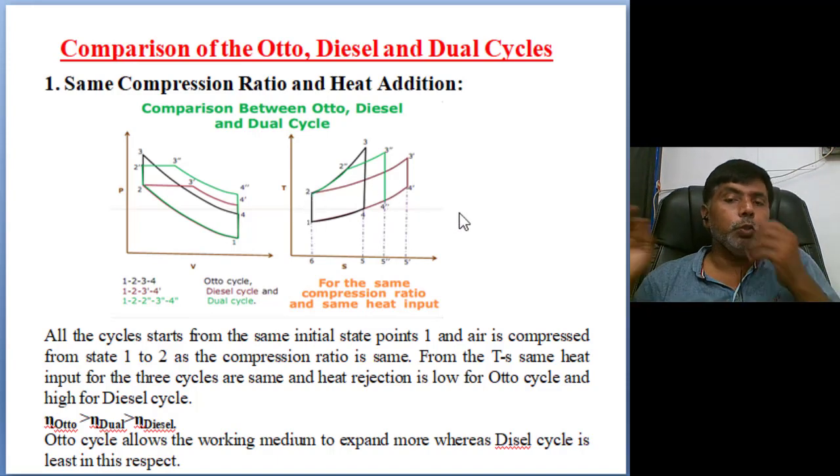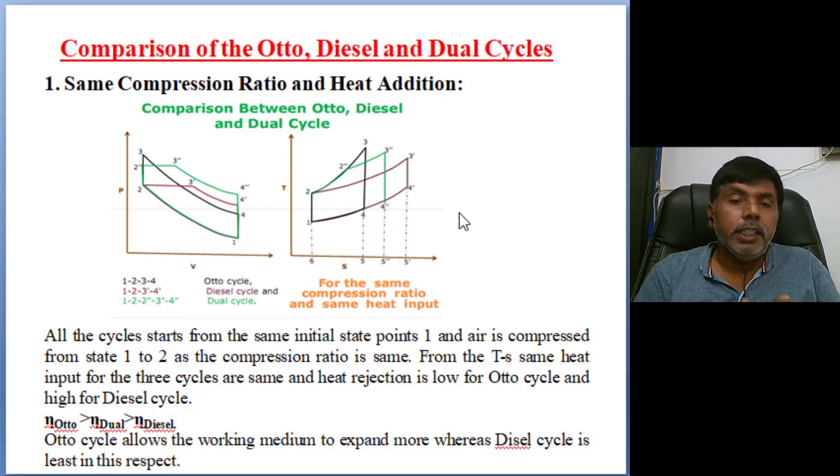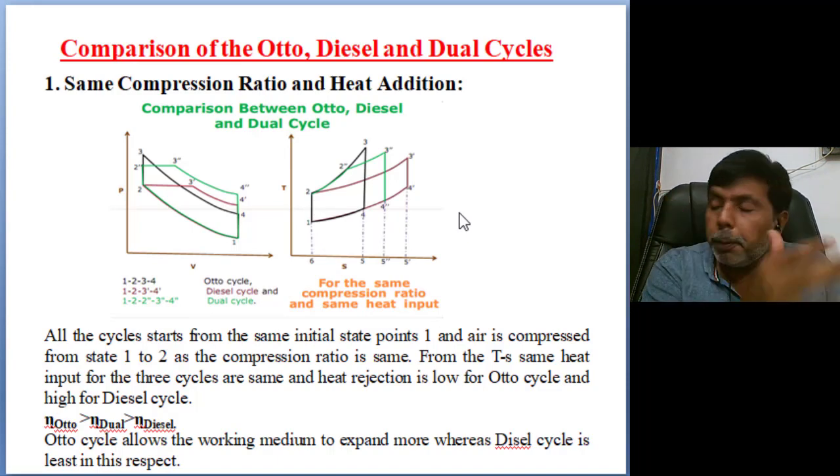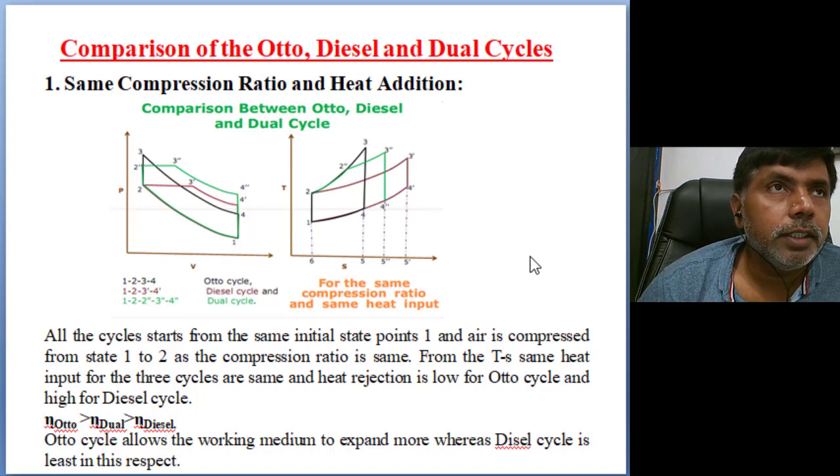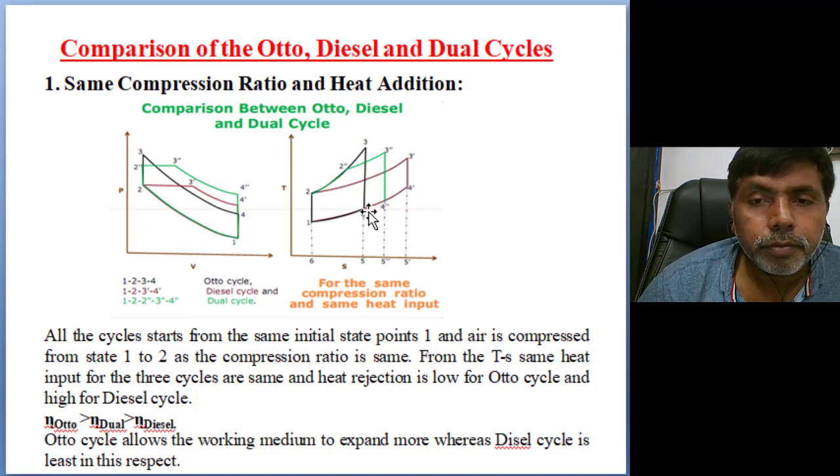In this condition, which cycle's efficiency is high? Heat supply is same, compression ratio is same, then efficiency is 1 minus heat rejection by heat supply. Here 1 to 4 is the heat rejection of the Otto cycle, 1 to 4 double dash is the heat rejection of the dual cycle, 1 to 4 dash is the heat rejection of the diesel cycle. The area under 1 4, 1 4 dash or 1 4 double dash is the heat rejection.